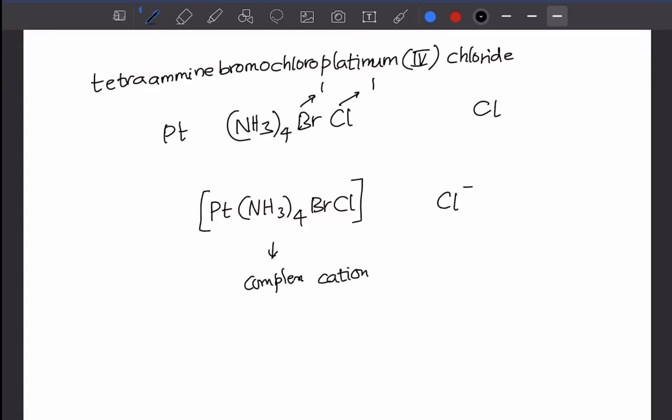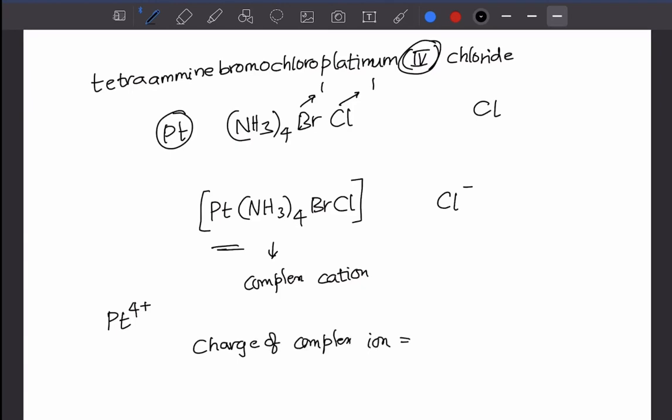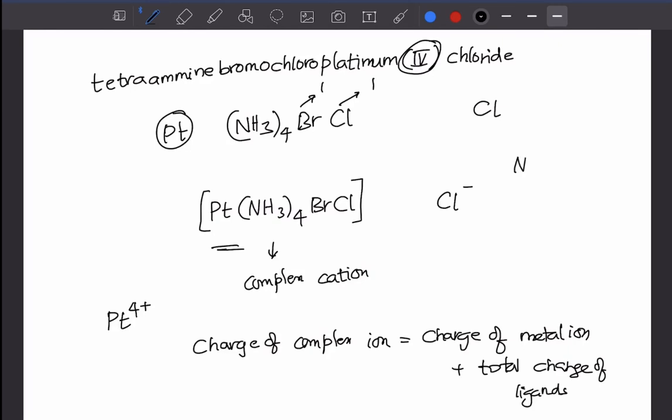Now we want to know the charge of this complex cation. For that we need to know platinum's oxidation number first. So the charge on the metal cation is 4, so we can write it as Pt4+. The charge of the complex ion is the charge of the metal ion plus the total charge of the ligands. There are 3 different ligands: NH3, Cl and Br.